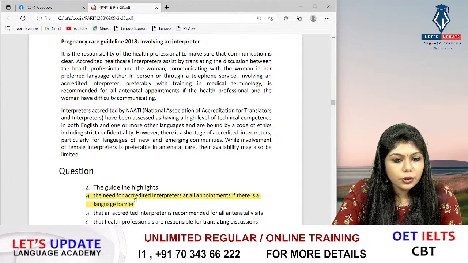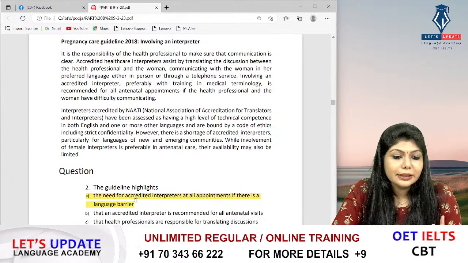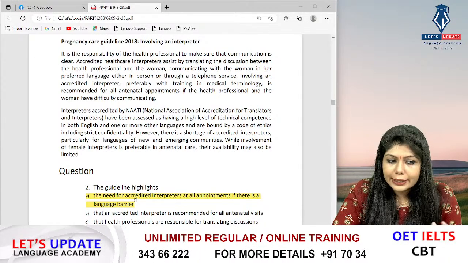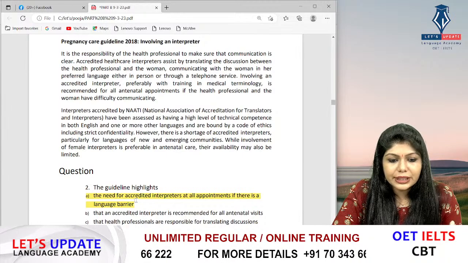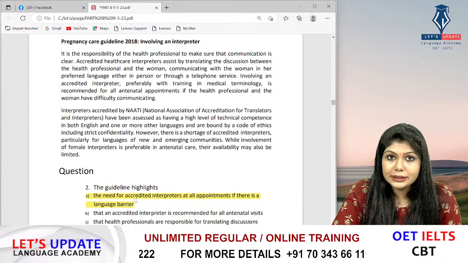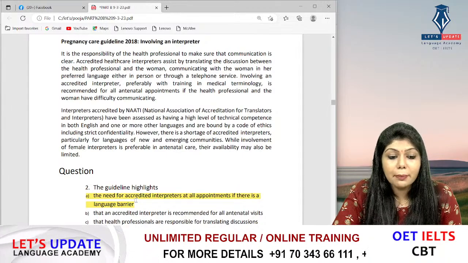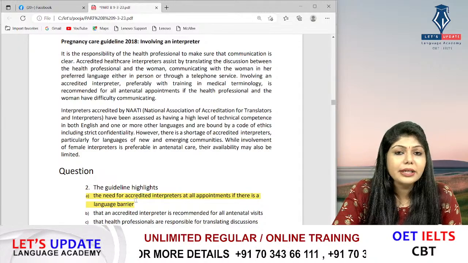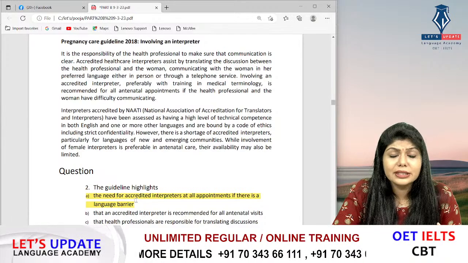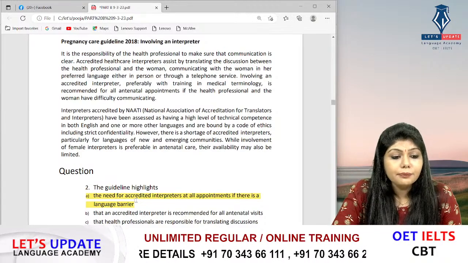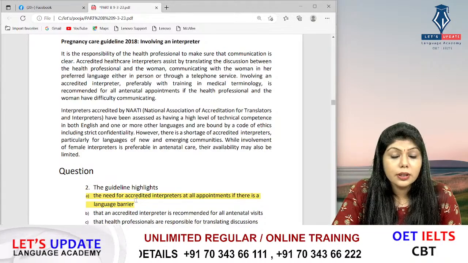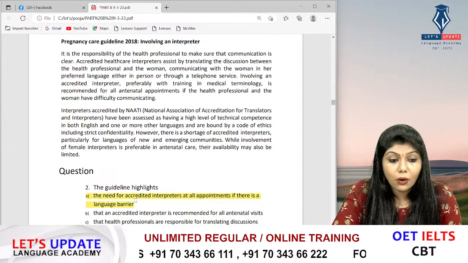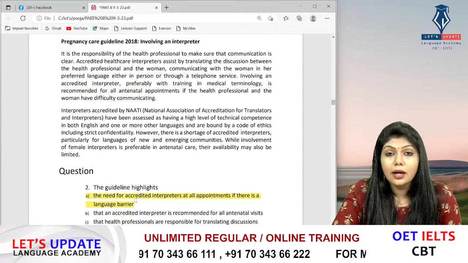To make the communication clear and understandable, involving an accredited interpreter, preferably with training in medical terminology, is recommended for all antenatal appointments if the healthcare professional and the woman have difficulty. If they are facing difficulty communicating or understanding, then there should be an accredited interpreter involved and taking care of this communication.